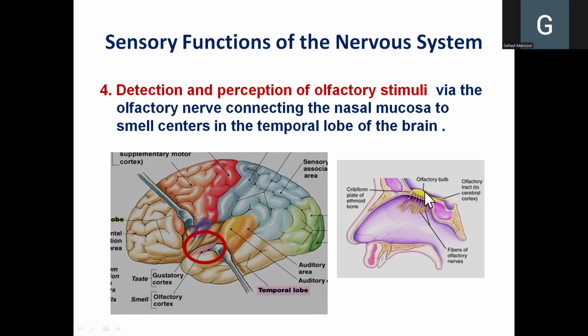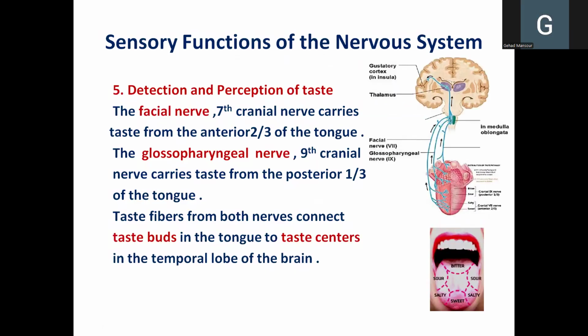And then the cells will relay here in the olfactory bulb, and then they will form the olfactory tract on the lower surface of the frontal lobe until they reach the superior temporal gyrus, until they reach the medial aspect of the temporal lobe in the olfactory area. You can see here, of course, the olfactory area that is on the medial surface of the temporal lobe.